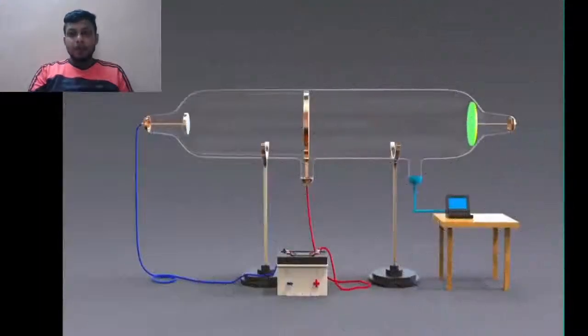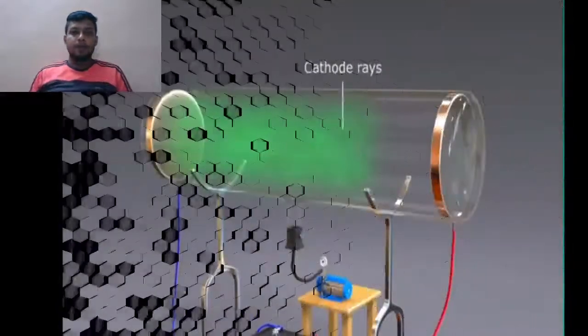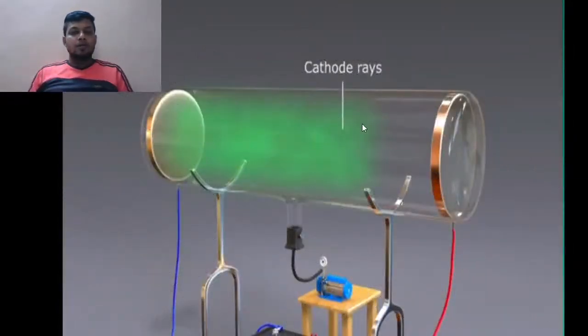So J.J. Thomson assumed that these rays might have negatively charged particles, and that's why they got attracted towards the positive plate. He later named it the electron.